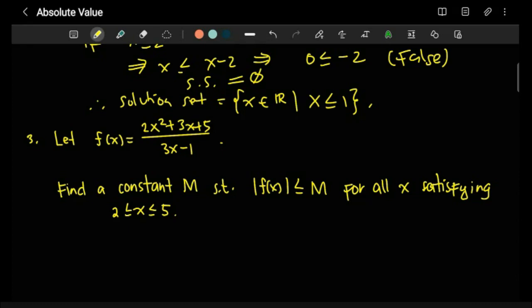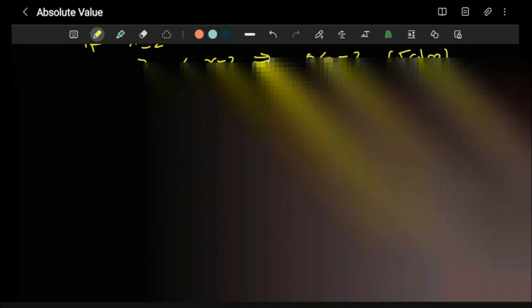Now, what can we say about our function? Our function is defined using the rational expression. The numerator is 2x squared plus 3x plus 5. So by using the triangle inequality, we know that this is less than or equal to absolute value ng each term.